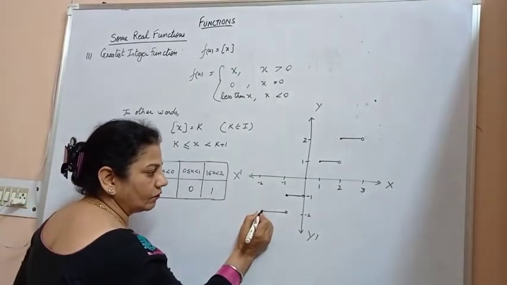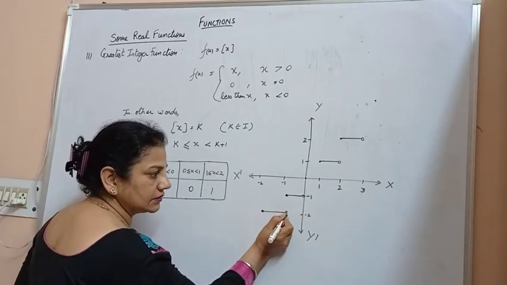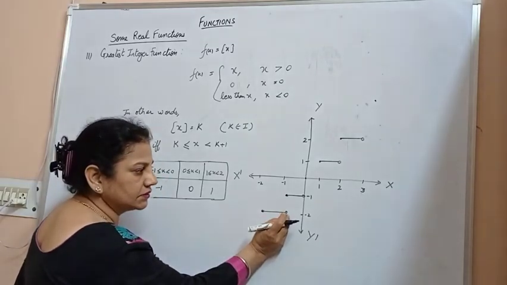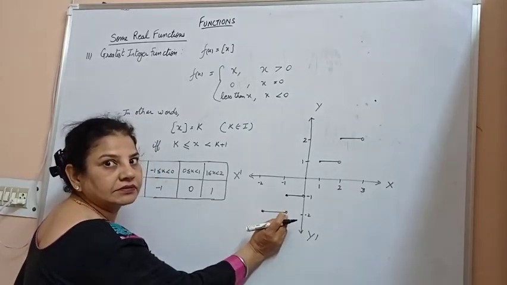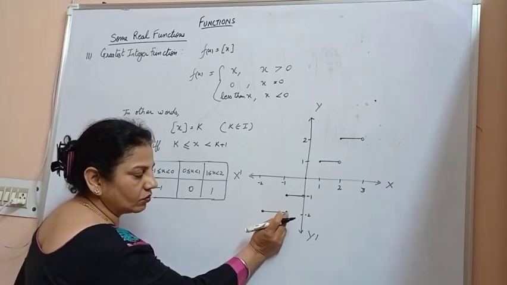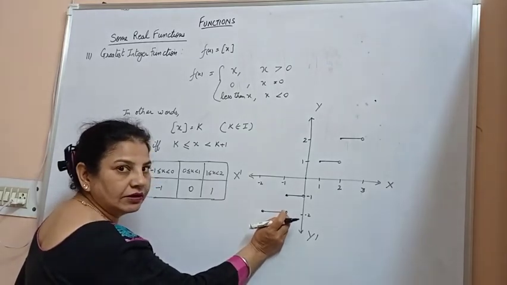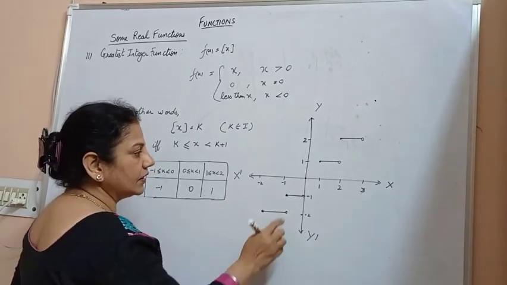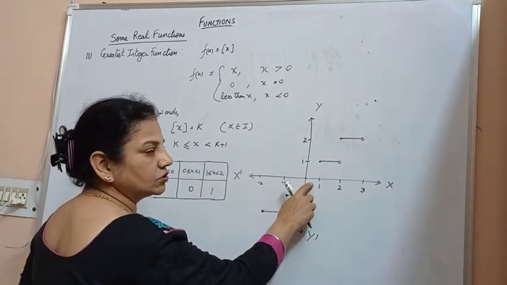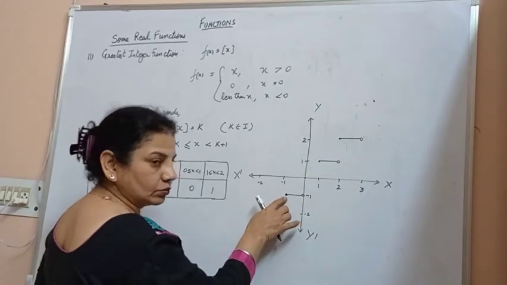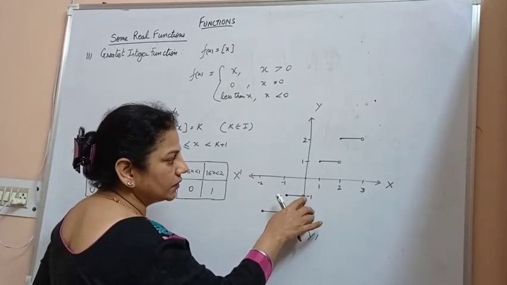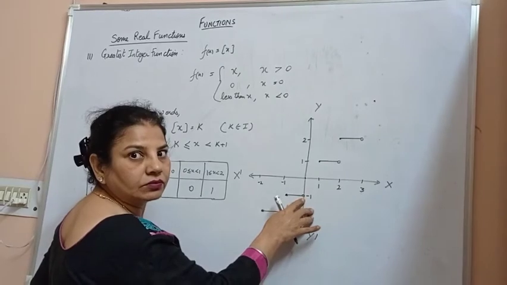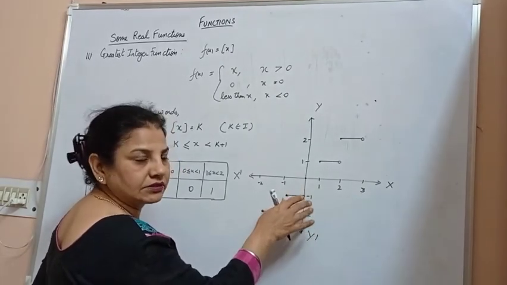This open circle shows that the value of y is just less than -1. When the value of x is -1 to 0, then the value of y is -1 and not equal to 0. It is just below, less than 0.